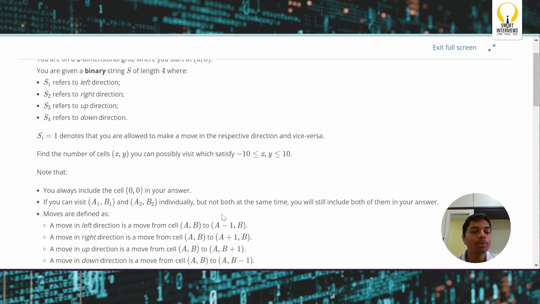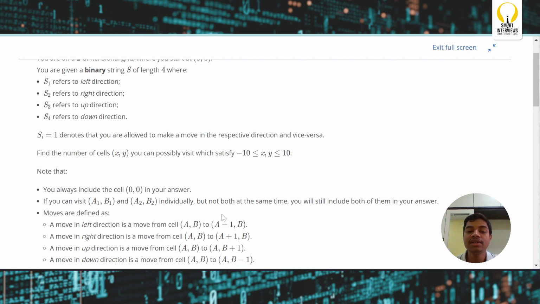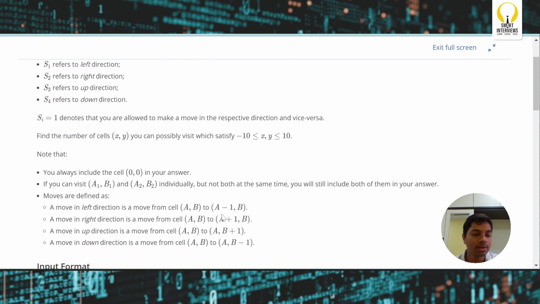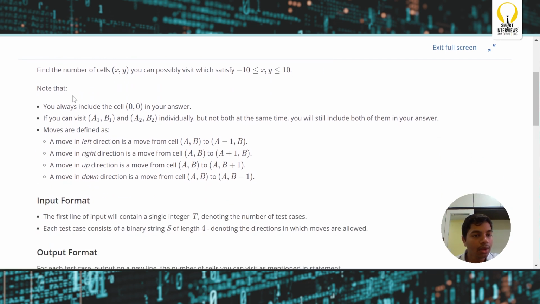Find the number of cells x comma y you can possibly visit which should be in the range of less than or equal to 10 and greater than or equal to minus 10. You're also given a note that you always include the cell 0, 0 in your answer. So obviously, you always include 0, 0 in your answer. If you can visit a1, b1 and a2, b2 individually but not both at the same time, you will still include both of them in your answer.